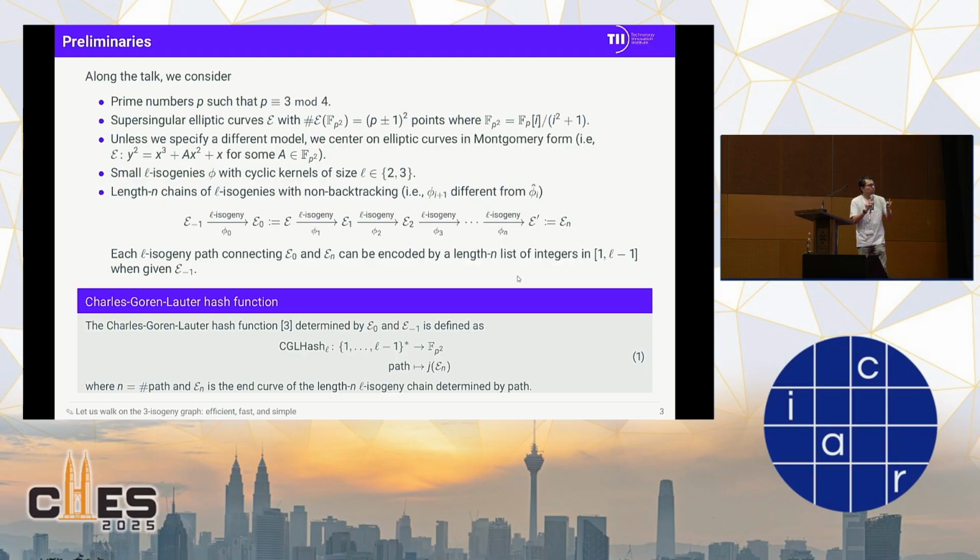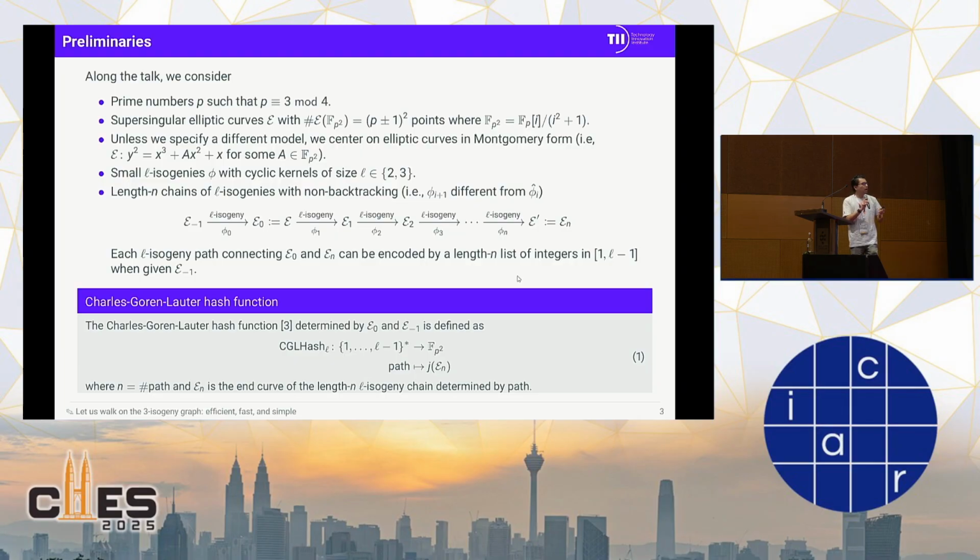In this case, let's assume that it's a binary string, for example, for L equal 2, and then you compute this chain of isogenies. So let's say you have 2 options for E0. You have 3 options essentially: one that corresponds with E minus 1, and the other 2 are going forward. But we are skipping the branch for E minus 1. And then you repeat the same. Essentially, you take this bit string and then you output the j-invariant of the last curve.